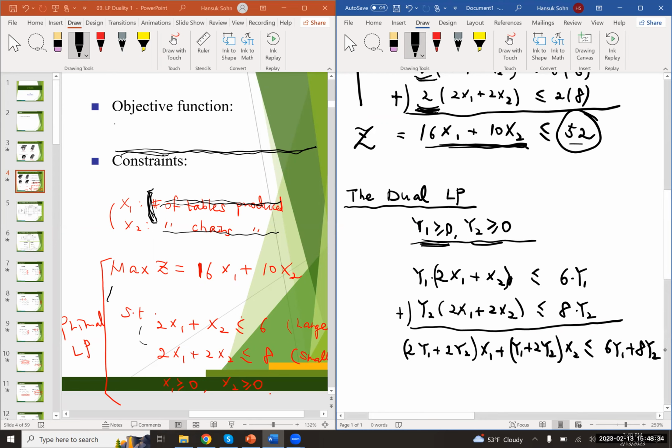Now look at the coefficients for x1 and x2 in this new inequality constraint, and compare them with our original objective function. The coefficient for x1 is 16, and the coefficient for x2 is 10.